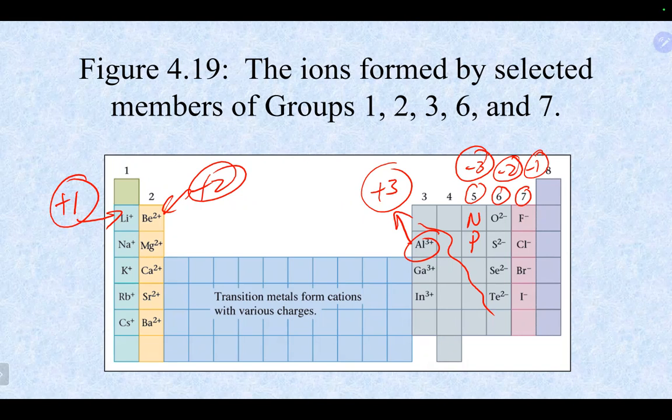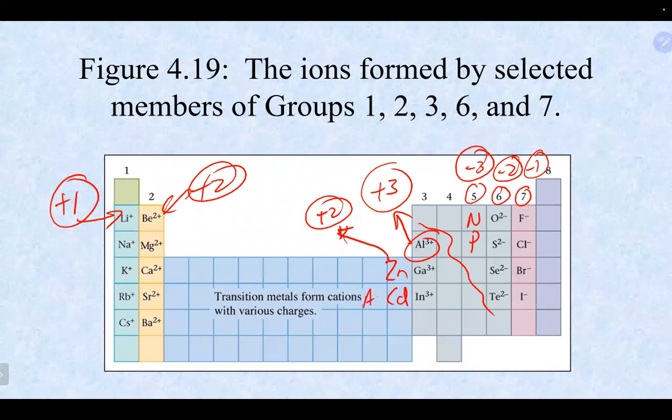Transition metals, as I mentioned before, can have variable charges. There are 3 exceptions, and that is zinc and cadmium. Both of those guys will always make a plus 2 charge. And if you hang a left there at cadmium, where silver is located, silver will always make a plus 1 charge. So those are 3 exceptions in the transition metal region that have fixed charges.